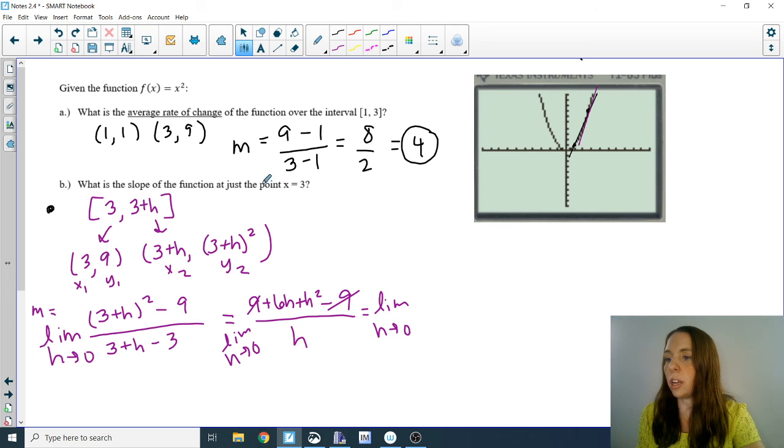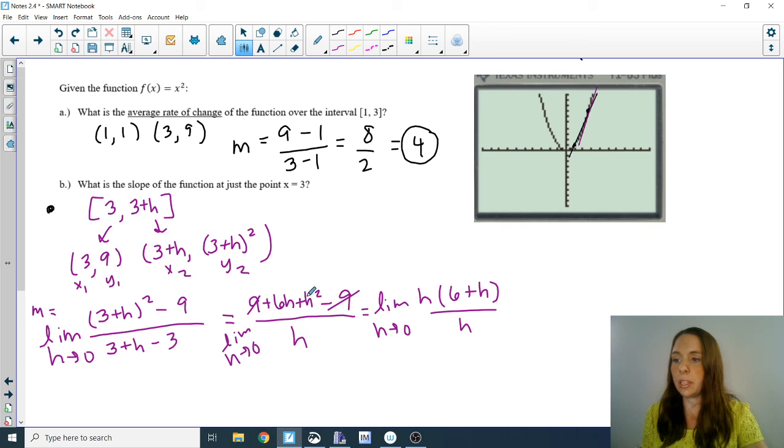We're taking that h out. There's one more there, right? 6h plus h squared. That could be written as h times quantity 6 plus h. Then the good stuff happens. Those h's cancel, and you can sub 0 in for h into what remains. And so your answer here is 6.